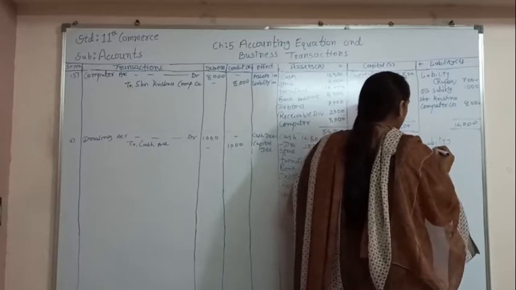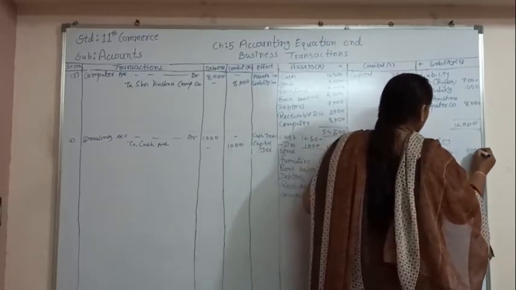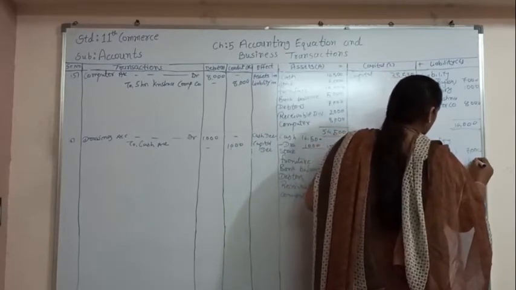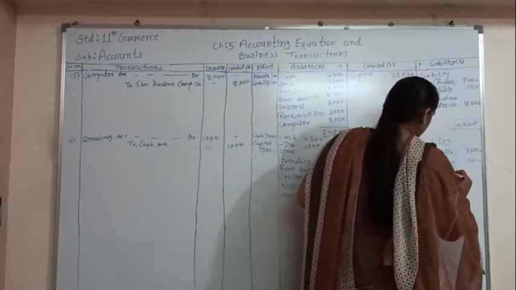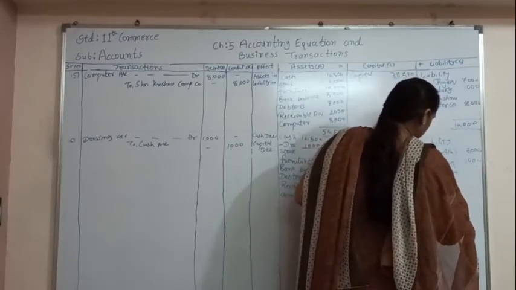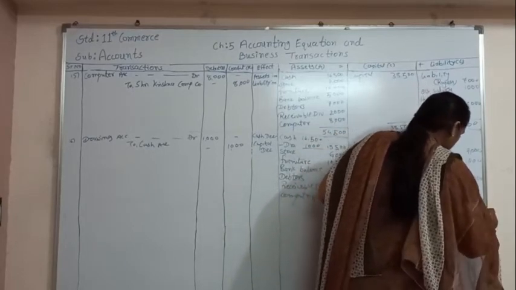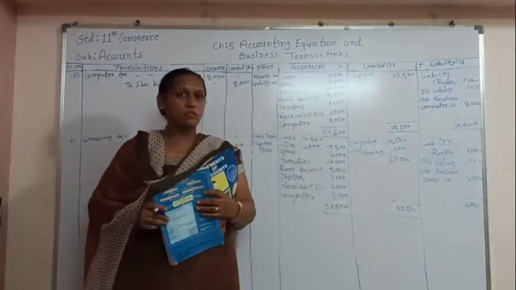Liability Rajesh 7,000, outstanding salary 1,000, and Sri Krishna Computer Mart 8,000. So the total will be 16,000. So student, you may note down this.